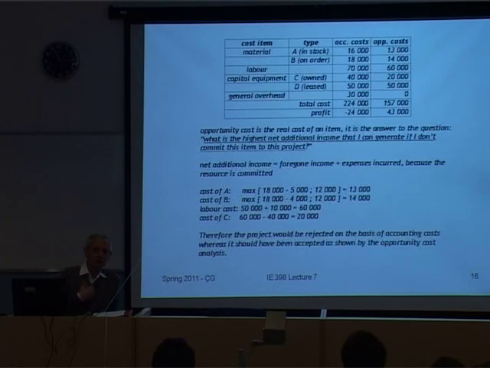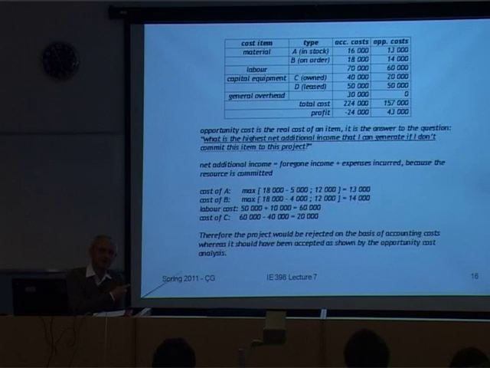Well, I know that if I don't use it, I can sell it for 60,000, okay? But if I use it in the project, at the end of the year, I can sell it for 40,000. The difference is the opportunity cost. Do you understand this?